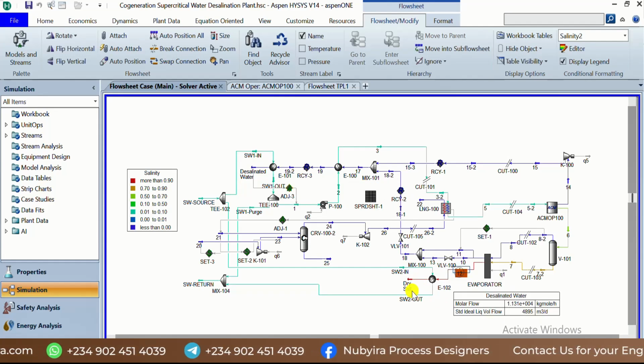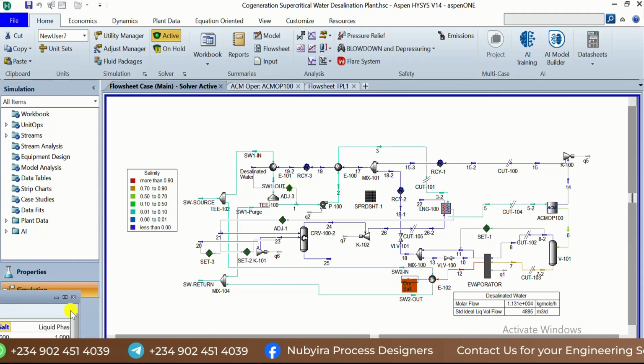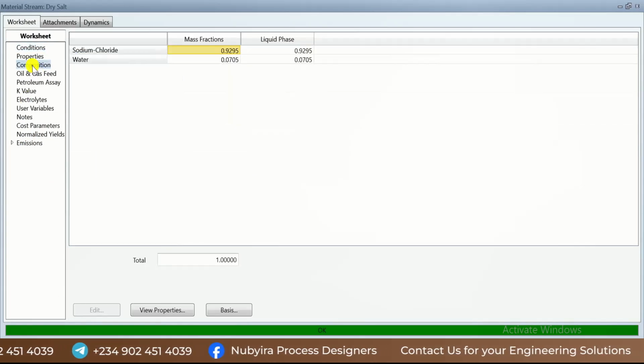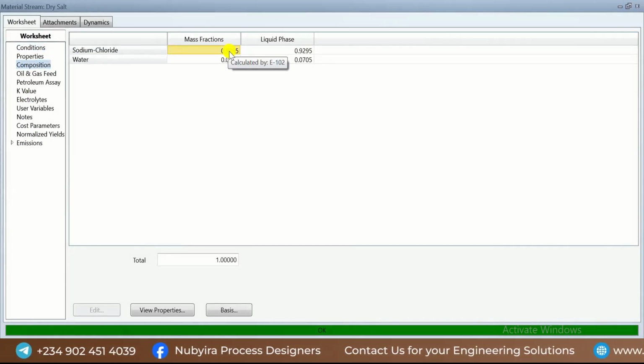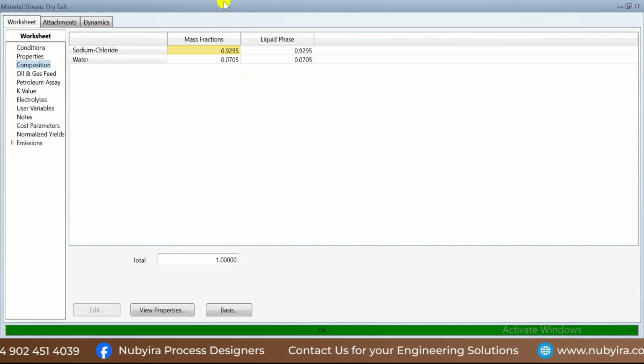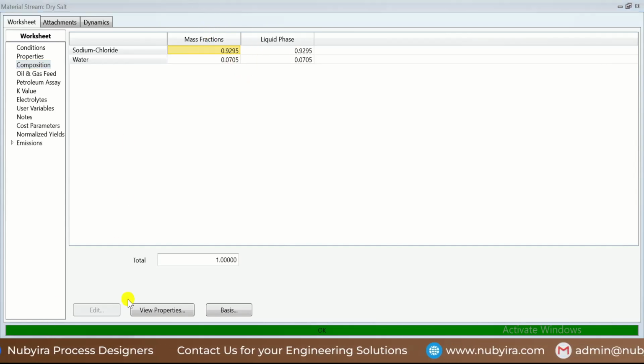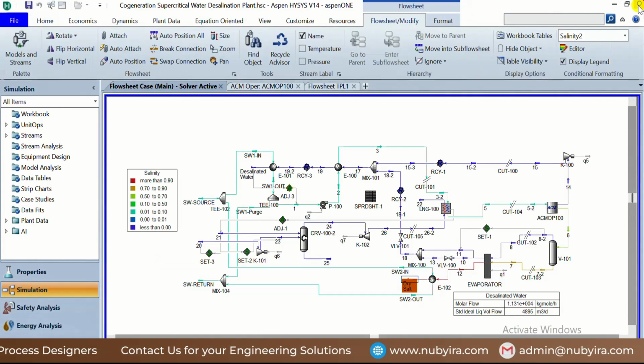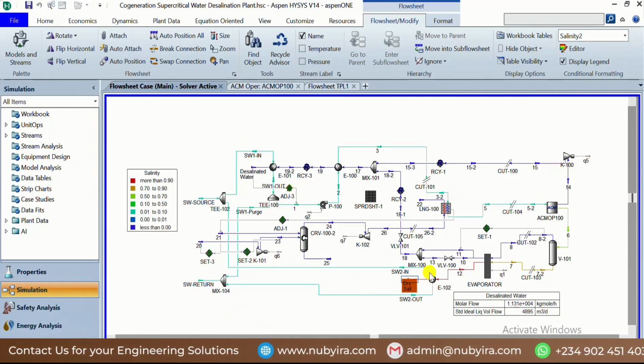If you check the composition of the dry salt, it is very high. You cannot find a salt from a desalination plant that is as high as this. So this is very good. And the cooling water that is used to cool down the salt is returned.